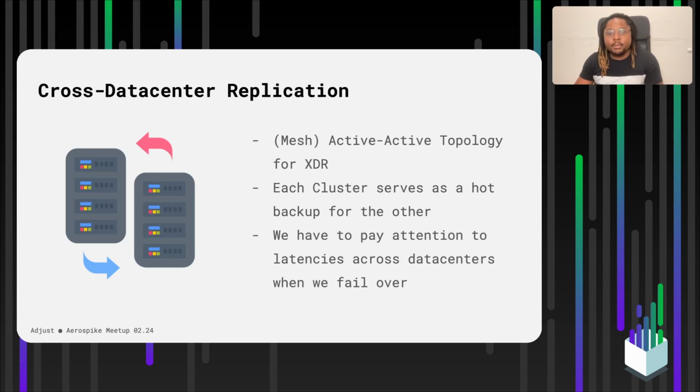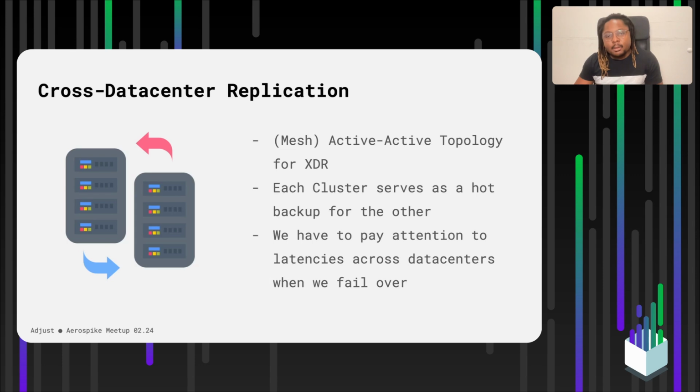As much as we have a replication factor of 2 in each data center, cross data center replication increases the number by the number of data centers that we have. So in essence, we have 6 records of each data, 2 being in each data center.